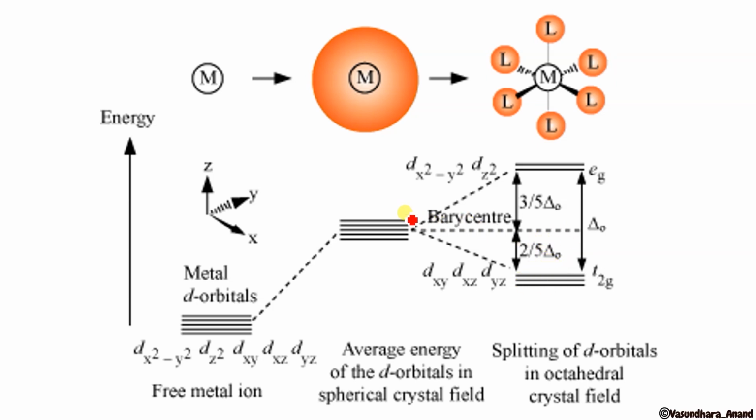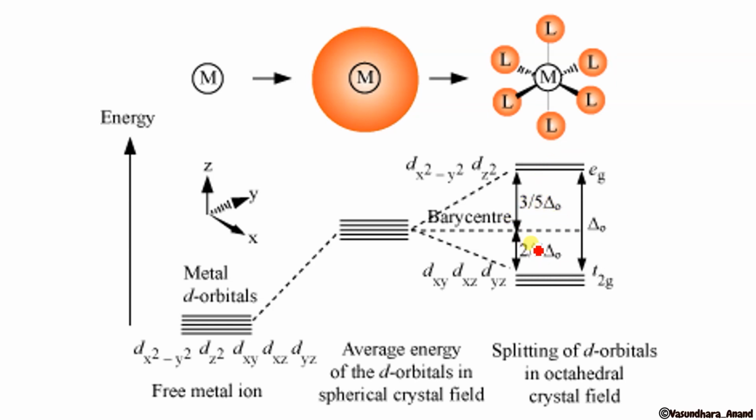Like, see, I'm considering that the whole has one energy, 1. Okay, so this can be 1 by 5, 1 by 5, 1 by 5, 1 by 5, 1 by 5, isn't it? So now 2 are going up, so that means 3 go down. So their energy is increased by, out of 5 the 2 are going up, and that's why their energy will be increased by 3 by 5 of delta naught.